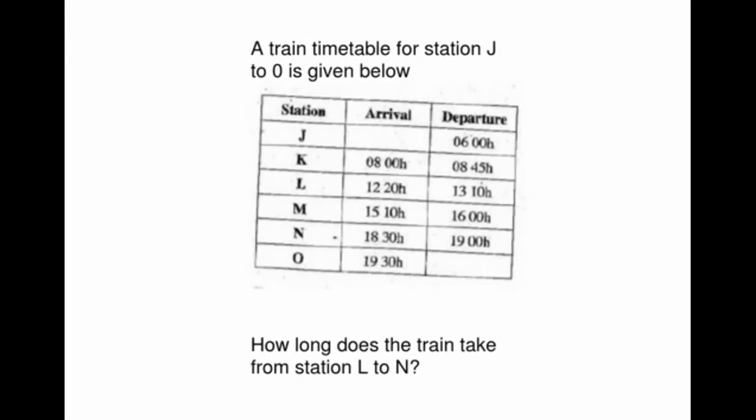A train timetable for station J to O is given below. So we have station J to O. Time of departure at station J was 0600 hours. The question is, how long does the train take from station L to N?